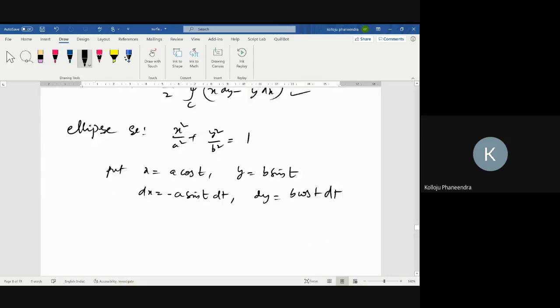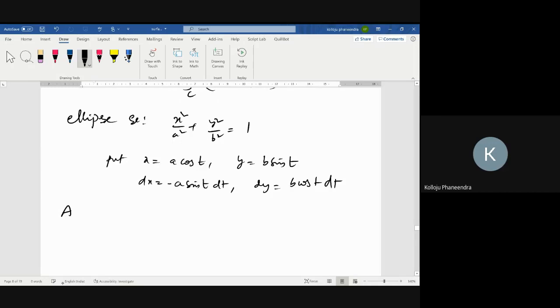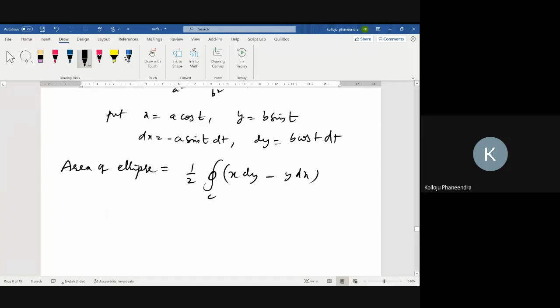So what is the area of the ellipse? Area of ellipse equals 1 by 2 integral over C of x dy minus y dx. Substitute everything. t varies from 0 to 2 pi for the total ellipse.